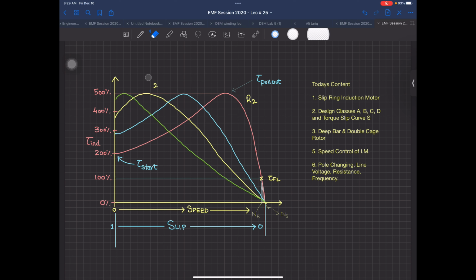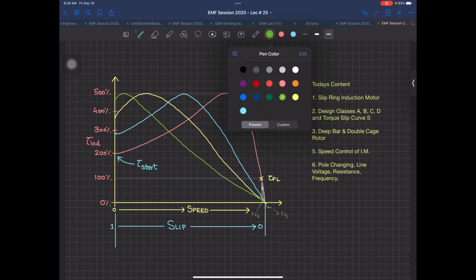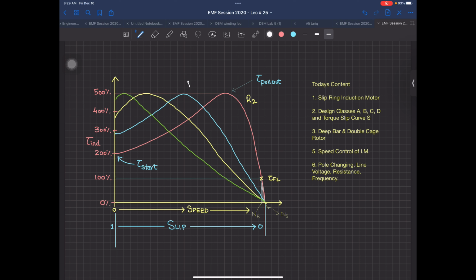So now let me change this value. Supposedly from R2 you are changing it, using some different color, to R2 dash, R2 double dash, R2 triple dash. Now what I have done is change the rotor resistance in such a way that R2 triple dash is certainly larger than this one.